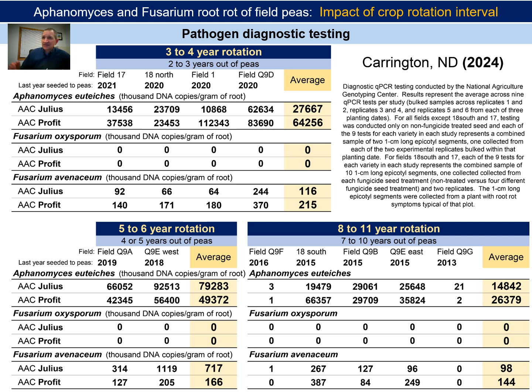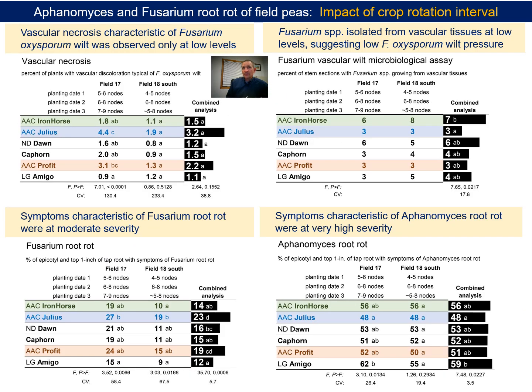And we didn't test for the whole range of Fusarium species. And so this is only an incomplete snapshot of the contribution of Fusarium to the observed root rot, but it does certainly indicate that Aphanomyces is an extraordinarily important component of the observed root rot, just like the symptoms would suggest. So what about those symptoms?